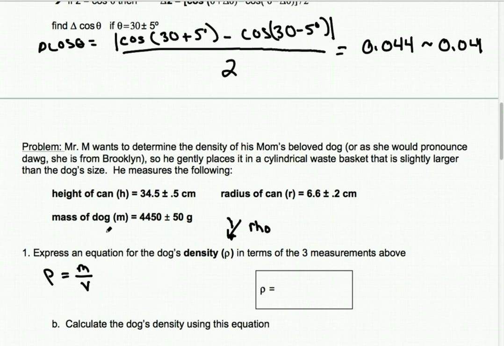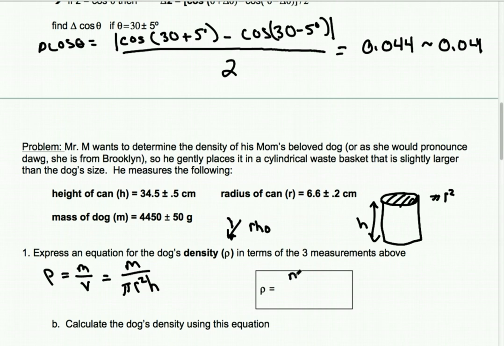So we have the mass, but now we have to think about how we can calculate the volume of a cylinder. If we know the area, which is just pi times the radius squared, and then we multiply that by the height, then we should be able to get a term for volume. So the density is mass over pi r squared times height, and that's going to be our expression.